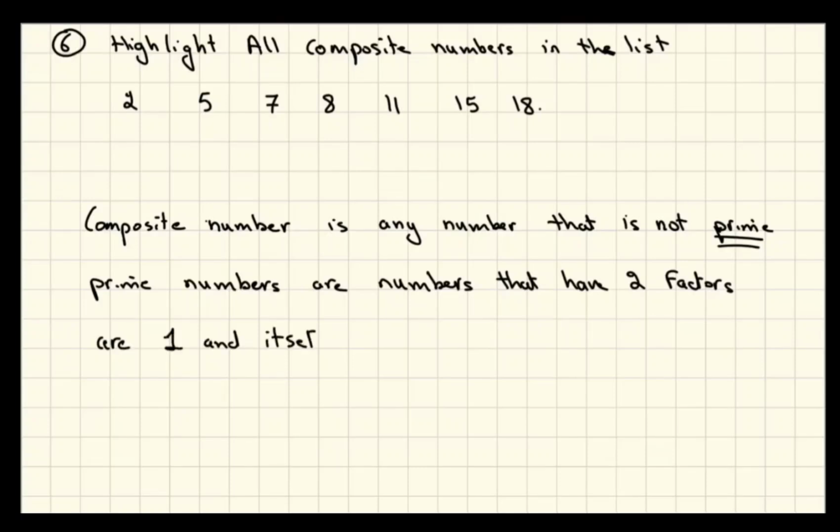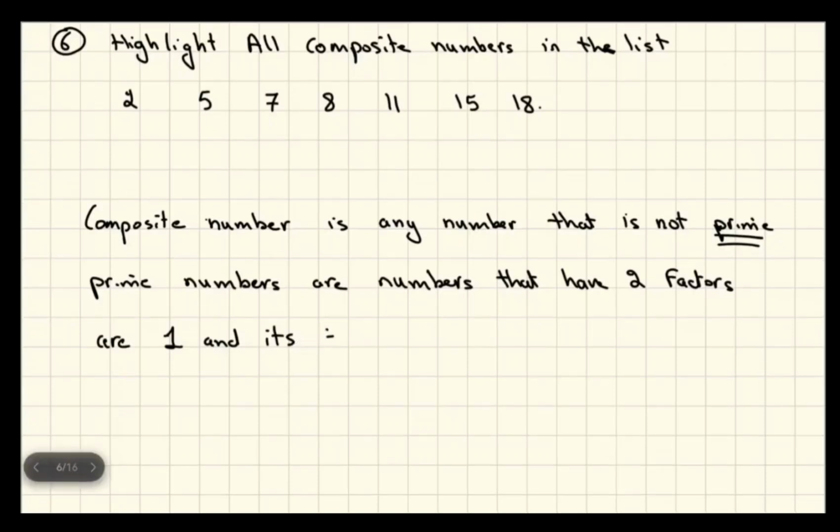So, in other words, when I say a prime number, this number must be divisible only by 1 and by itself. For example, 13. We can divide 13 by 1 because 13 divided by 1 will give us 13, and we can divide 13 by itself and it will give us 1. It means 13 is a prime number.